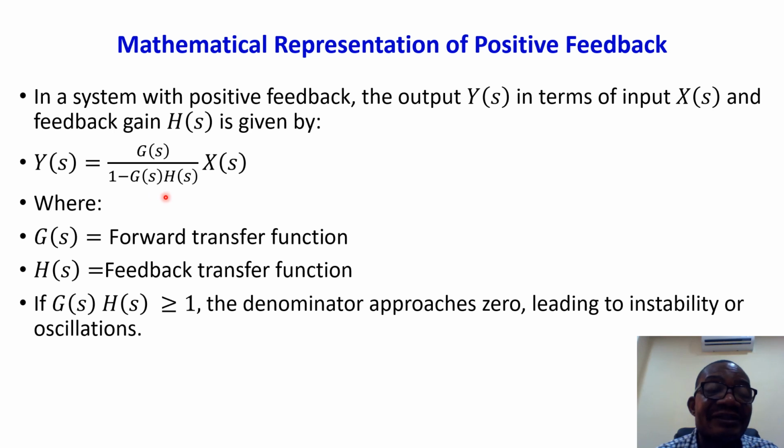Once that happens, it leads to instability of the system because 1 minus 1 is equal to 0. And once the denominator in a fraction is 0, it means that the output is infinity, which makes the system unstable.